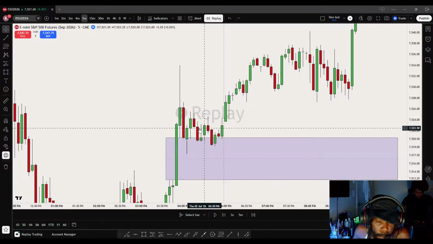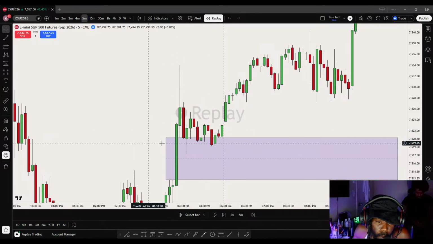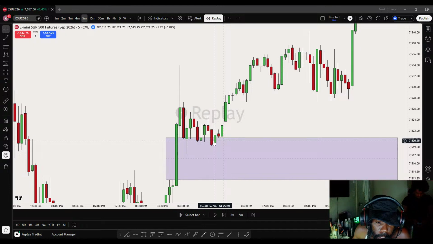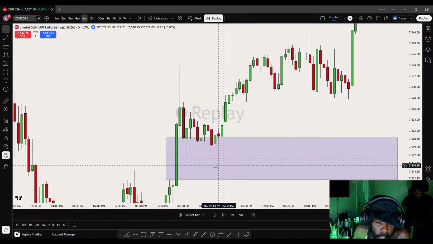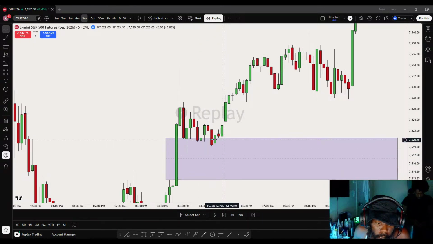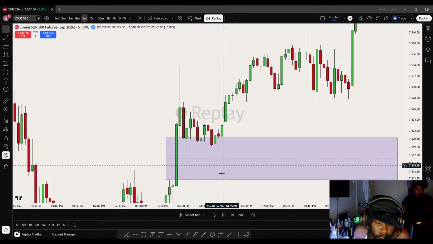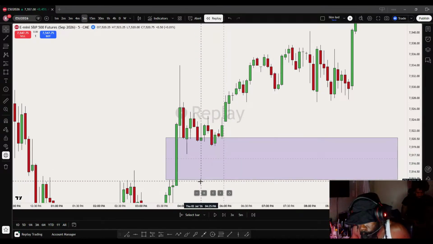But in this bullish fair value gap, if you notice, all of the bodies stayed in the upper half of this rectangle. You don't see no bodies in the lower half of this rectangle.